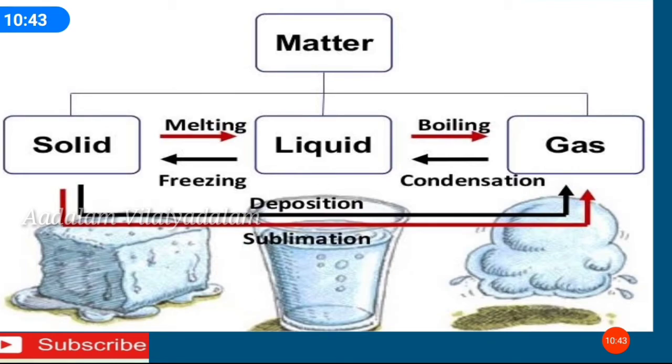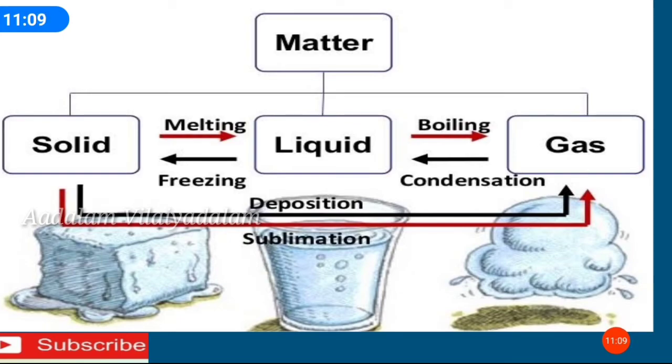Next, the change in the states of matter occurs during melting, boiling, freezing and condensation. When solid ice is heated to 0 degrees Celsius, it melts to become liquid water. In the same way, when liquid water is heated to 100 degrees Celsius, it boils to become steam.